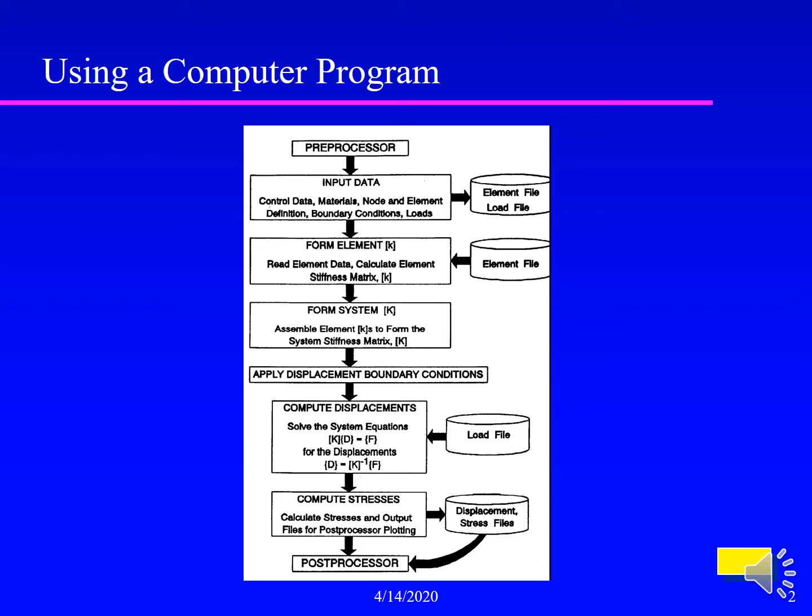Then in the post-processors, these final results are shown in the form of graphs or in the form of colored figures of the structures, where the colors indicate various levels of stresses and strains.